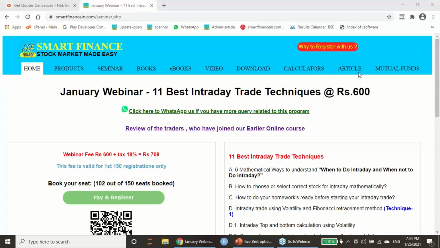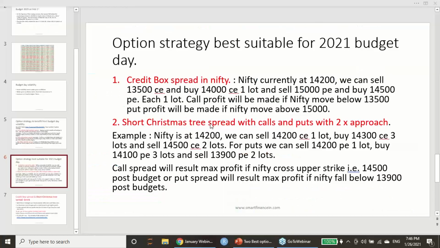Does anybody have any further view on the theta? In these two strategies, I have given more emphasis on the delta and the theta, so both are neutralized to the level of 0. Here Vega will not spoil your strategy. This box spread and Christmas tree strategy is such a configuration wherein your delta is neutralized to 0 and theta is neutralized to 0, so Vega will automatically become neutral.